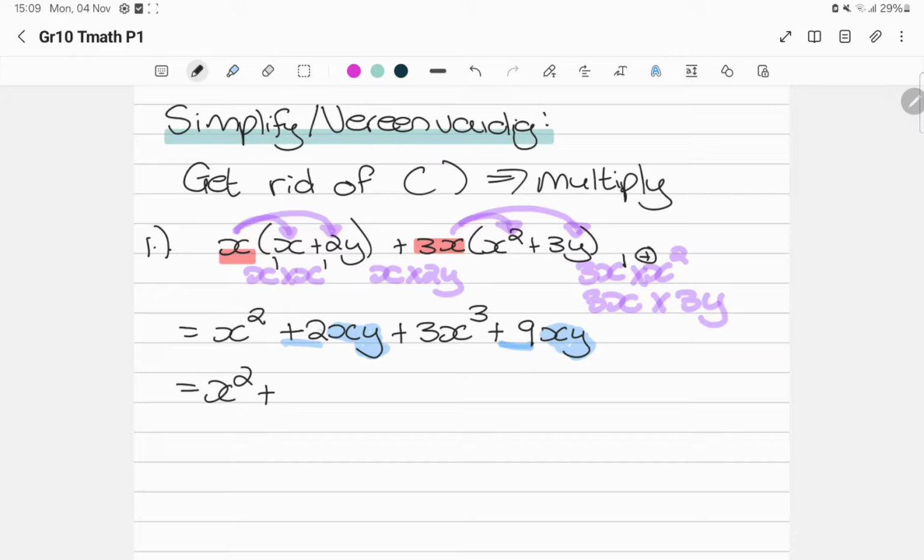Now I'm asking myself, what is 2 plus 9? That gives me 11, and then I just put my xy back again. Note that your exponents are not changing because you are not multiplying. You're only adding what is in front. And then plus 3x to the power of 3.